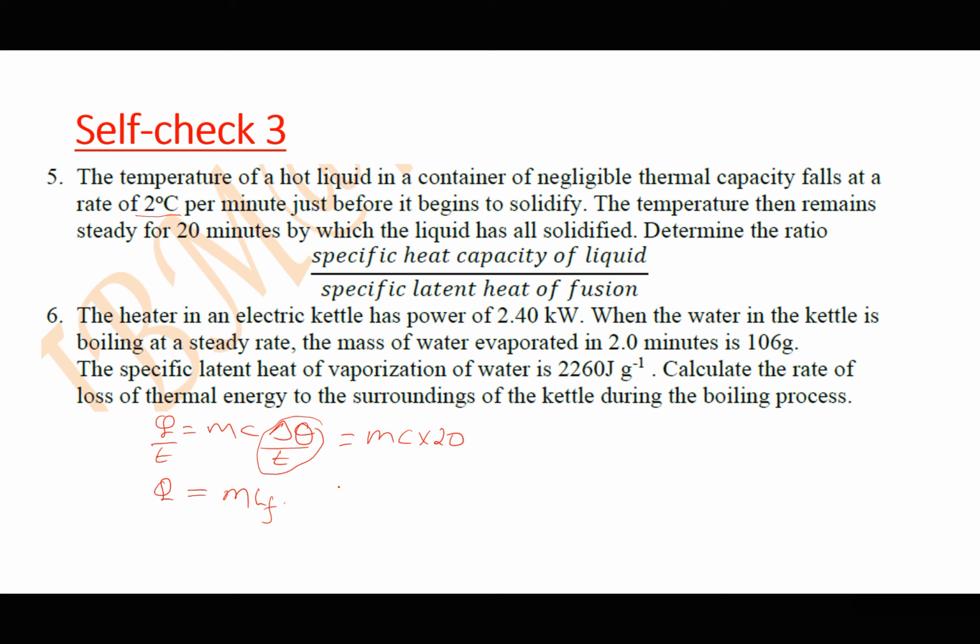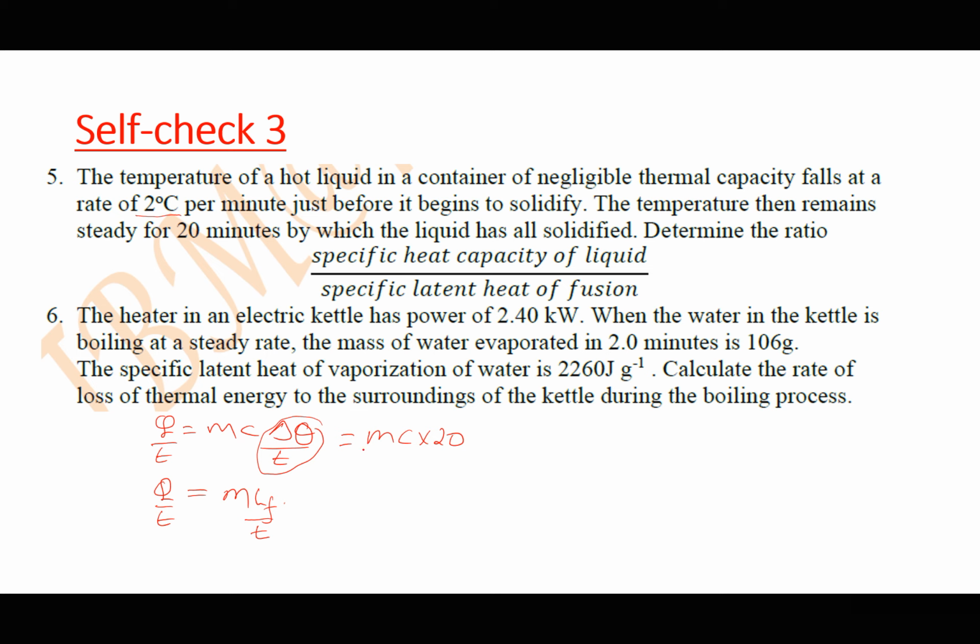So if the temperature remains steady for 20 minutes, we talk about the latent heat of fusion. Of course, I don't know the mass, but I'm going to divide both sides by time. So divide this by t, also divide this by t.